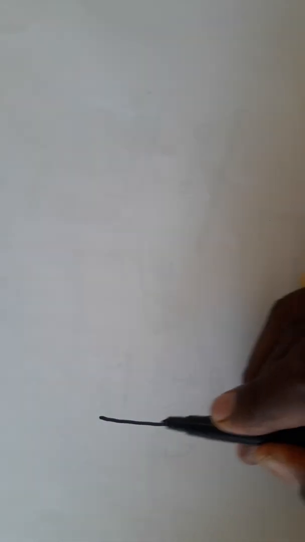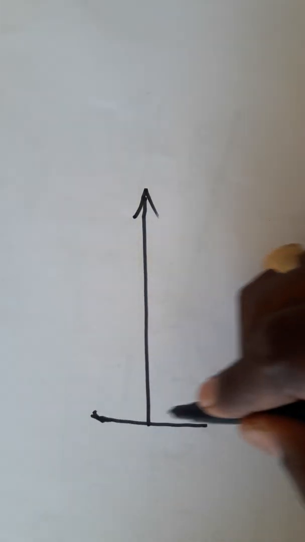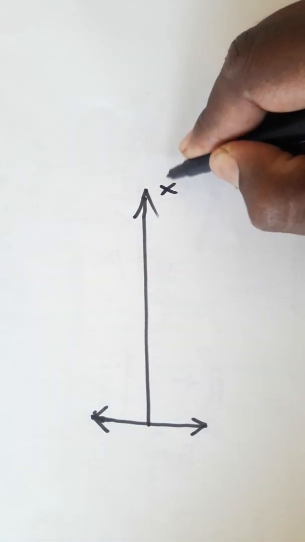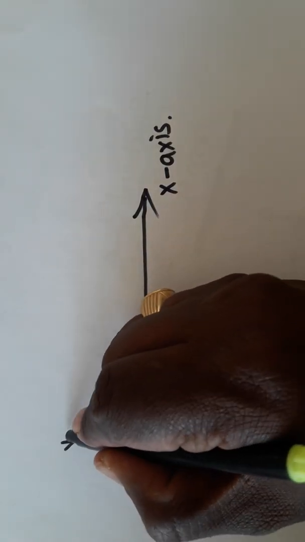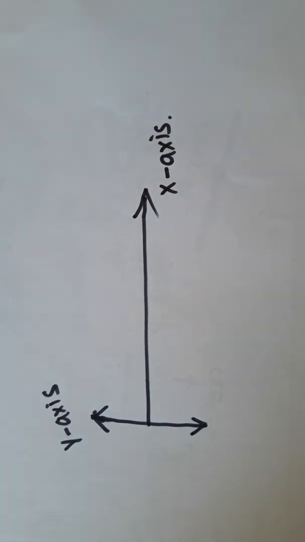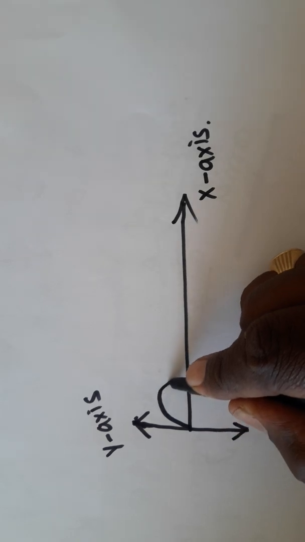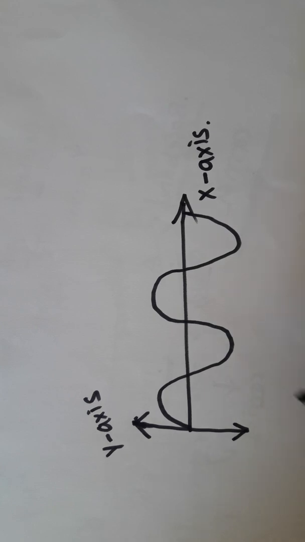Now, suppose I draw this signal. Suppose this is the x axis and this is the y axis. Now if I am drawing a sinusoidal signal over here, it is called a sine wave.